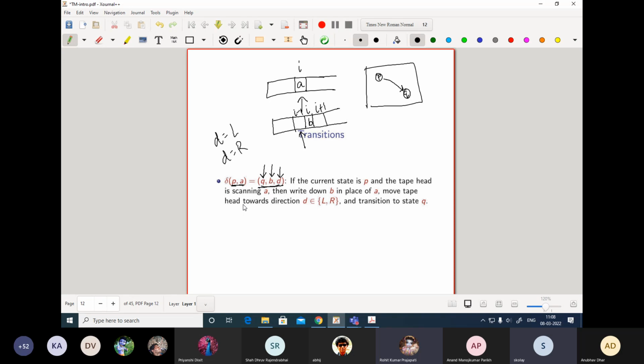It is possible that you're keeping A as it is, that A is equal to B. It also tells you where the tape head is going to move before the next step starts, whether to the left or to the right. So this captures what the Turing machine is going to look like before the next transition happens.